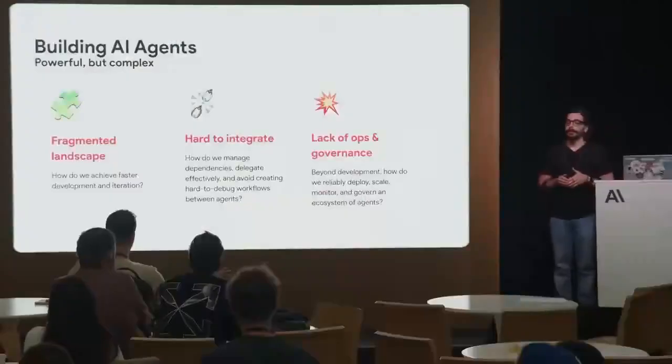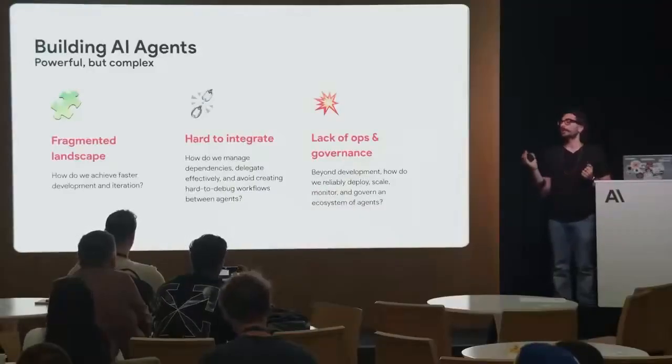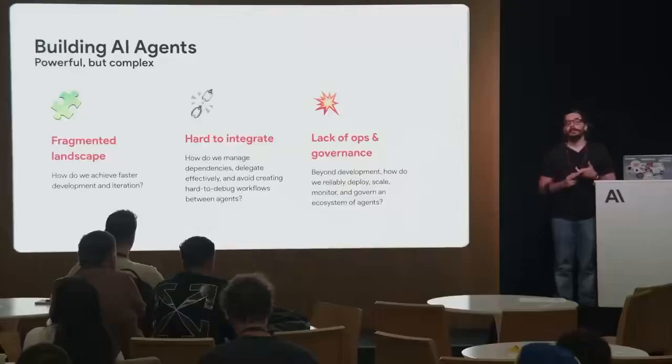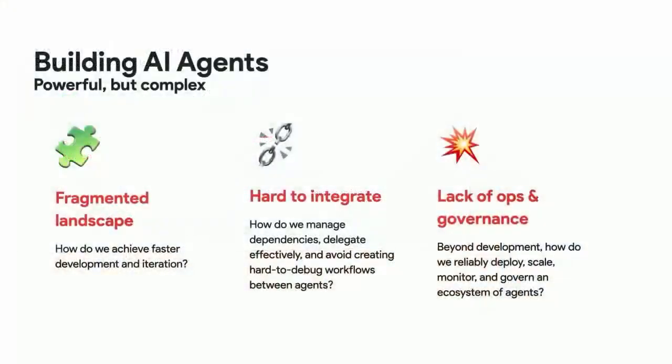So, just to recap, we started from three main problems, right? Building agents is powerful, but there are several challenges when you want to put them in production. You have a fragmented landscape. There is integration complexity that you need to manage. And even if you're capable of fixing this, you have to manage all the operational overhead in order to deploy these agents.